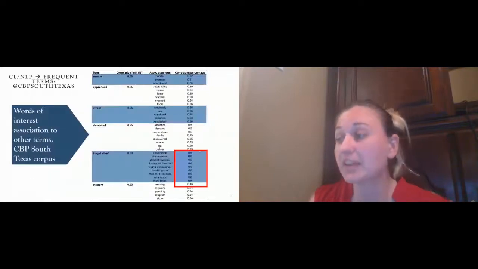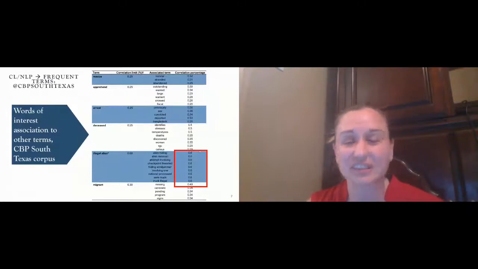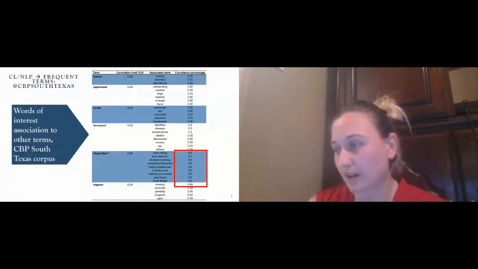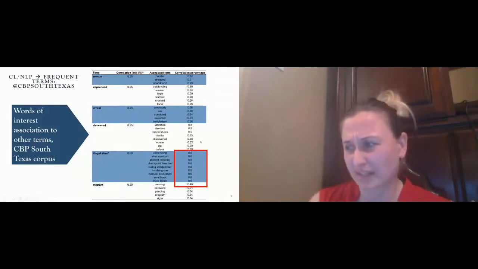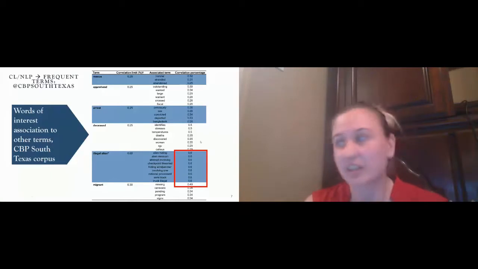Let's see, another technique I am applying to this Humanitarian GIS toolkit is corpus linguistics natural language processing. And I'm going to be a little quick here, but basically CLNLP are computational methods to analyze large bodies of text.